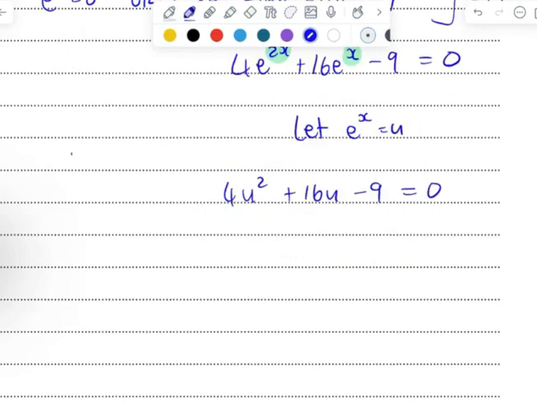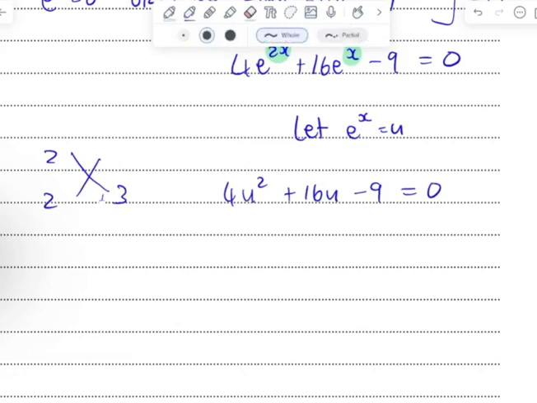Let's just see. Is it possible to factorize this? It's not going to work. This looks like it's going to work, so that becomes a positive 18.